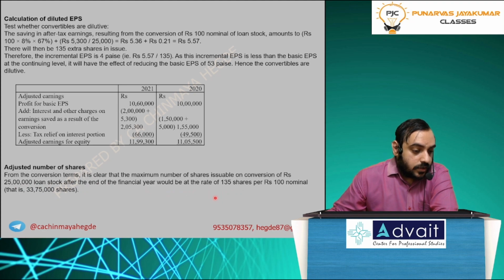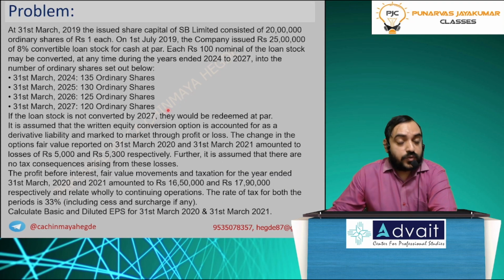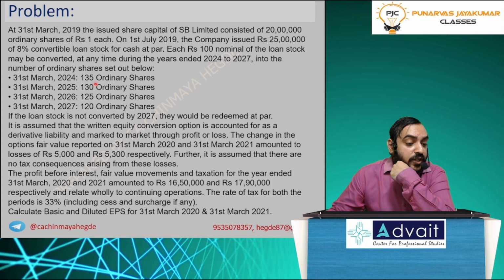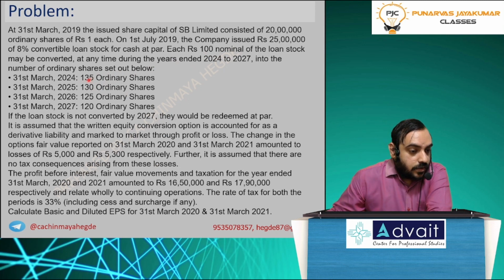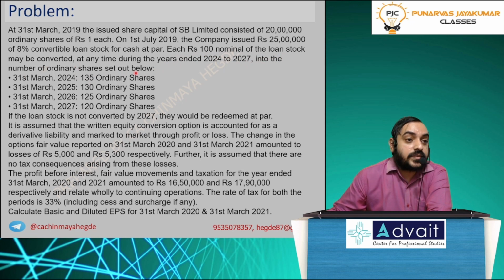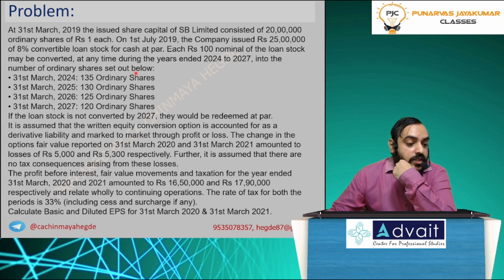No, okay, this is not 25,000 or 135. That's why you do not get the answer. It's 135 for every 100 shares. Each rupee 100 nominal of the loan stock may be converted at any time during the year into the number of ordinary shares. So the number of shares is not 25,000.